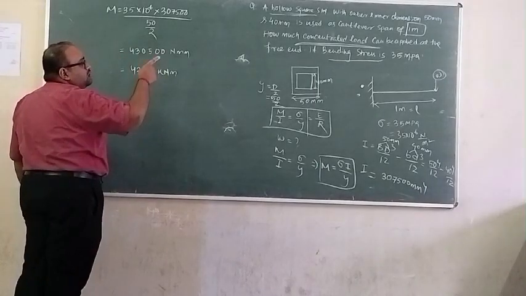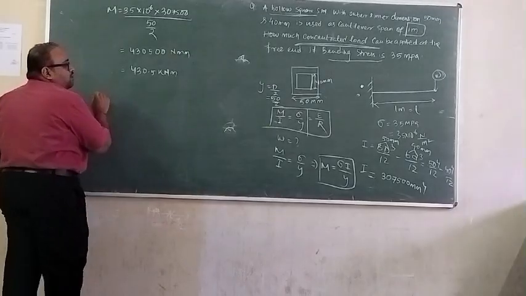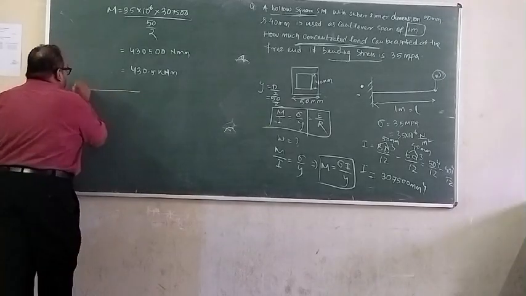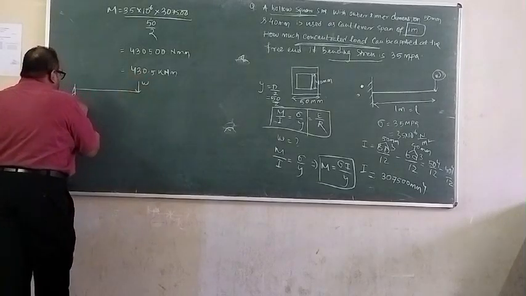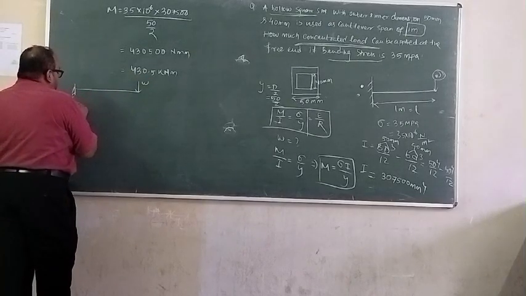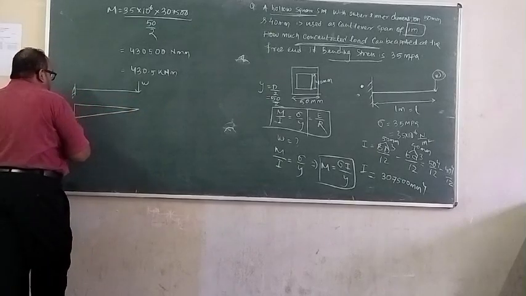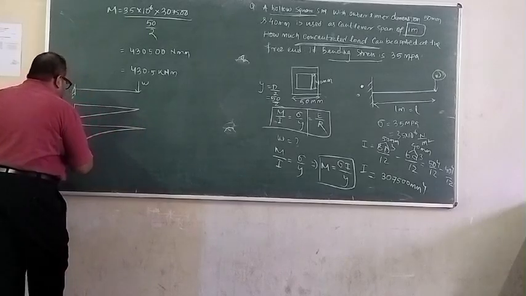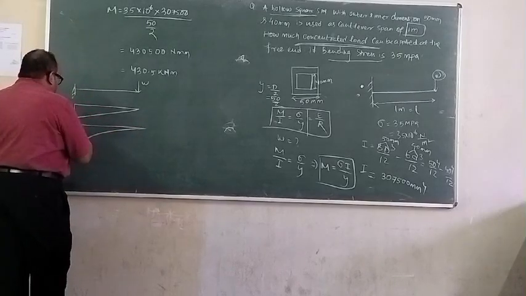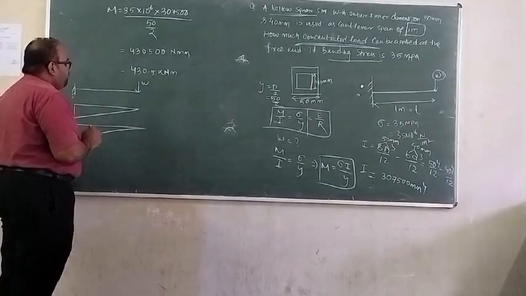And the question is asking to find the concentrated load W. We know for a cantilever with point load W, we will get simply the shear force diagram like this. Value is WL, and the bending moment diagram is like this, inclined and parabolic, and this value is W L square divided by 2.